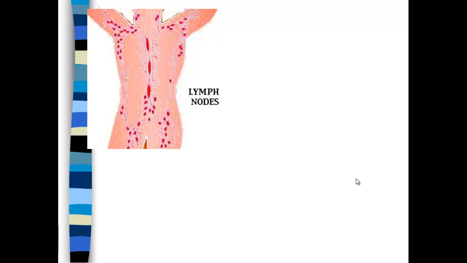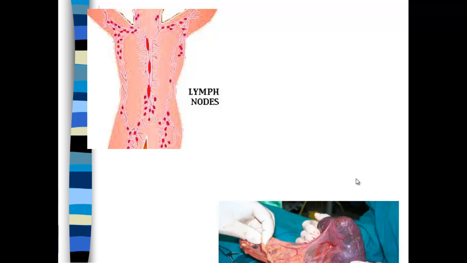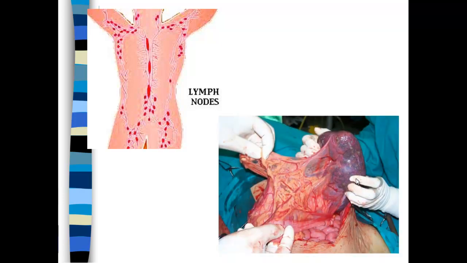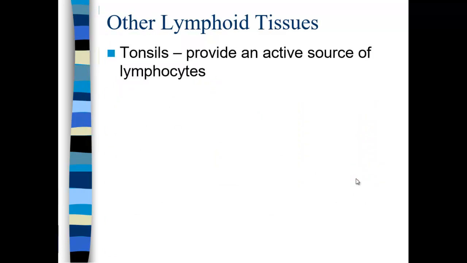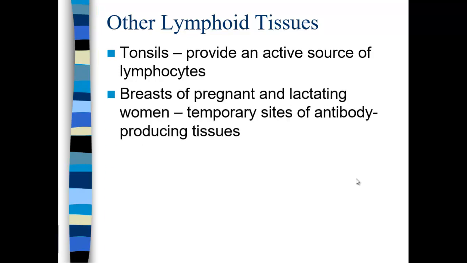Okay, and here's just a figure that shows lymph nodes scattered through the body, and it does mimic the circulatory system. Okay, here's a picture of a spleen. You can see it's quite large, and it's engorged with blood because it's filtering out blood. Okay, other lymphoid tissues include the tonsils, which provide an active source of lymphocytes. The breasts of pregnant and lactating women.